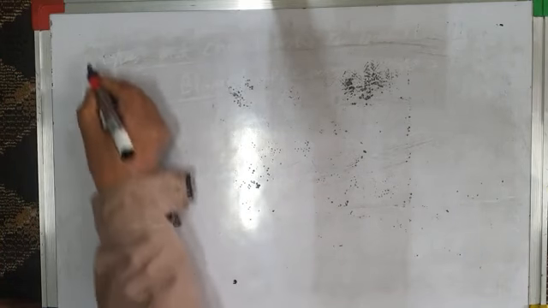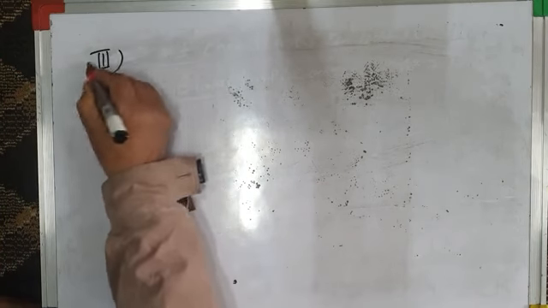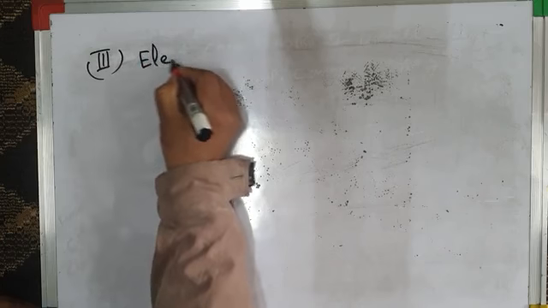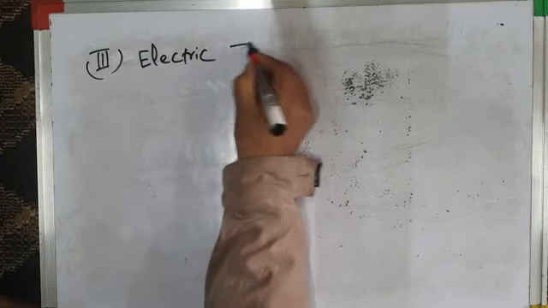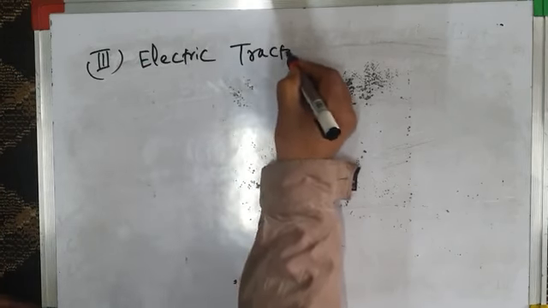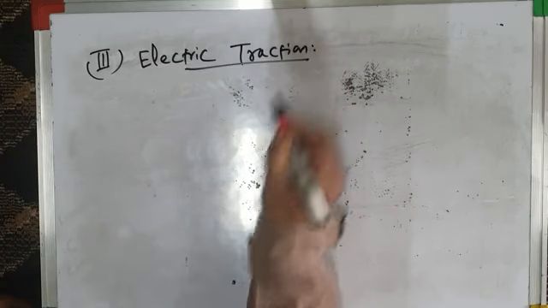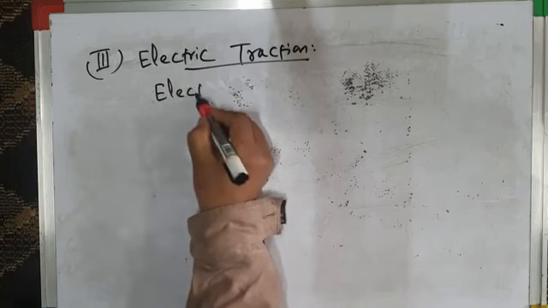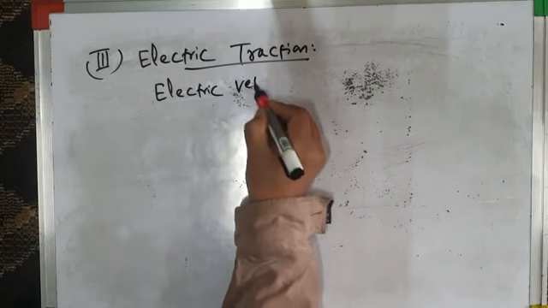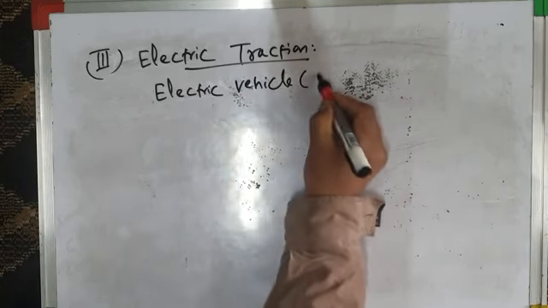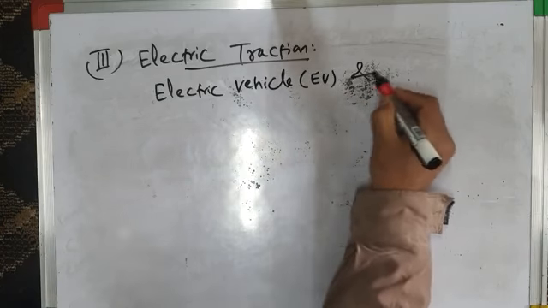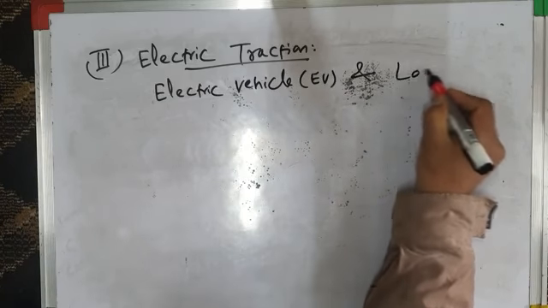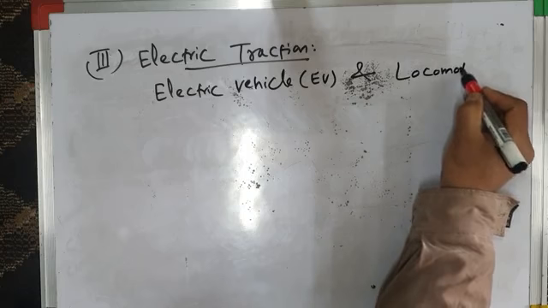Third type of load is electric traction. When I say electric traction, in the broad sense it means electric vehicle, EV, and the electric locomotive of a train.